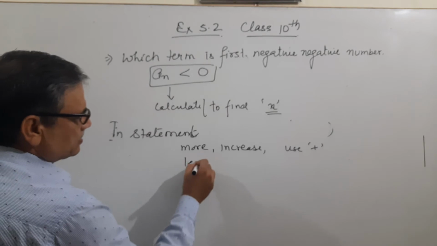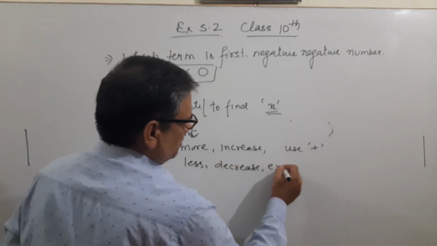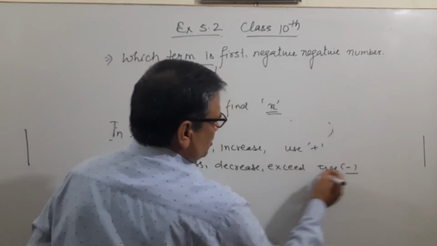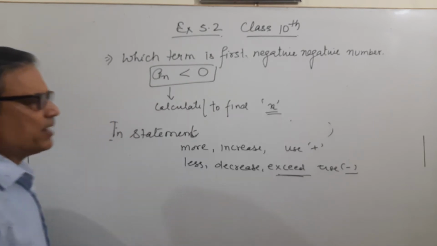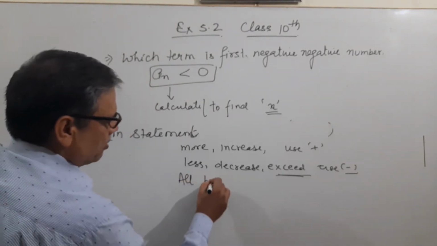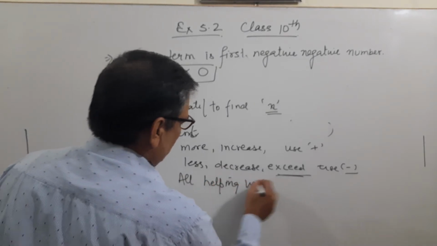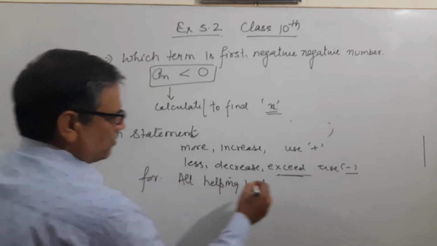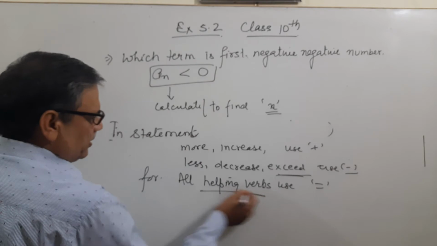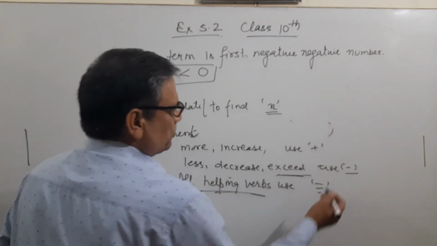If it says less, decrease, or exceed, we will use minus. Exceed is used for plus as well as for minus. For all helping verbs in English, that is, all helping verbs in mathematics, and in a statement question, we will use equal to.